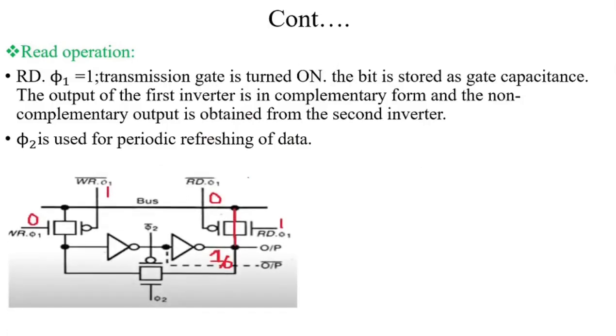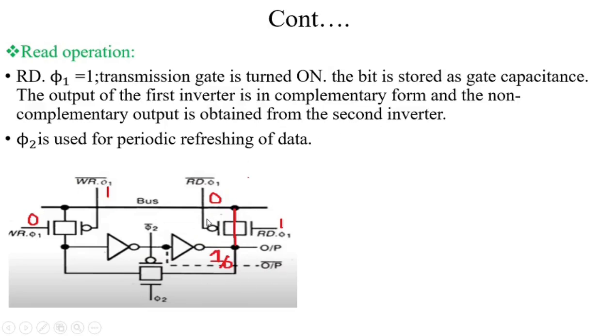When we are performing the read operation in the CMOS pseudo static random access memory cell, we consider RD into phi 1 equal to 1, the transmission gate is turned on, and the bit is stored as gate capacitance. The output of the first inverter is in complementary form and the non-complementary form output is obtained from the second inverter.